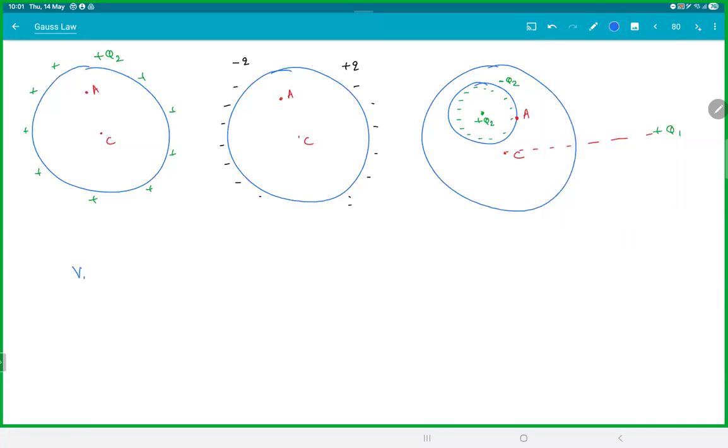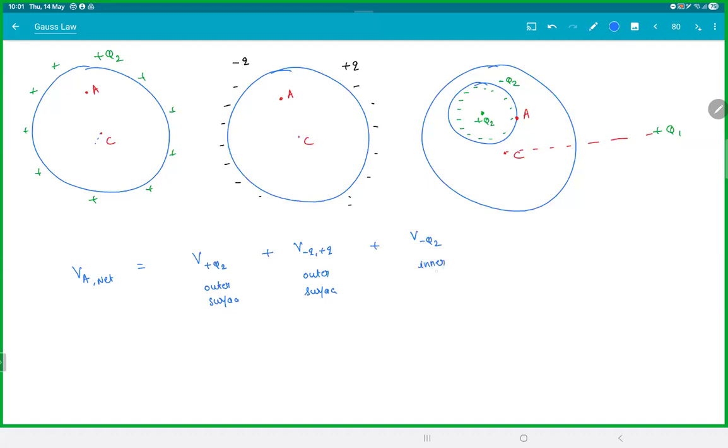So potential at A net, which I know already, is due to this guy, KQ2 by, I'll just write like this, potential due to Q2. Outer surface, potential due to minus Q plus Q. Outer surface, potential due to minus Q2.